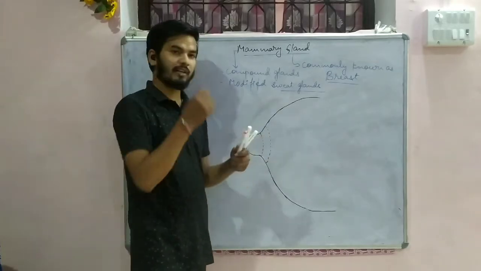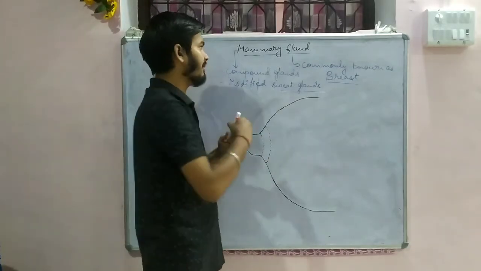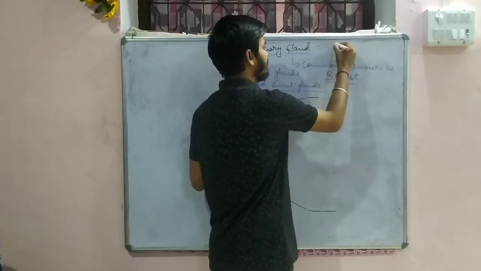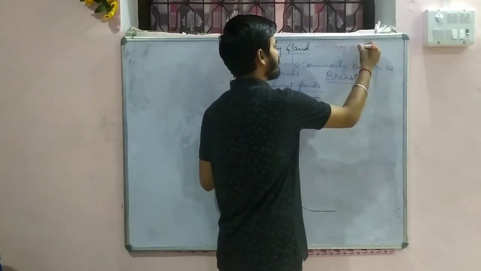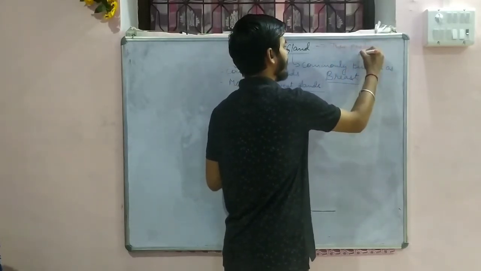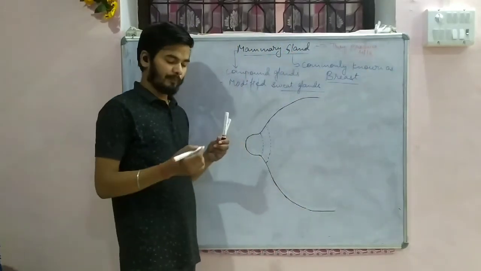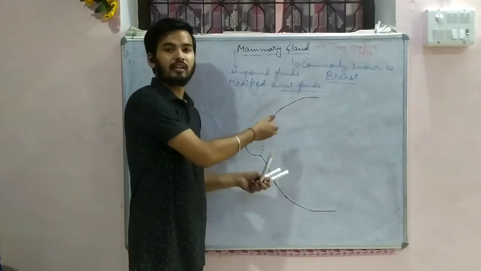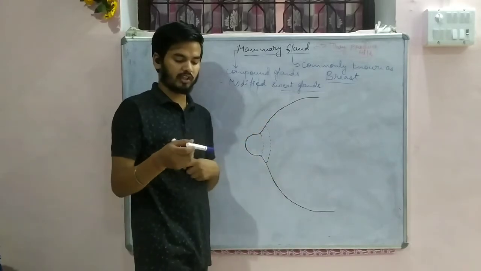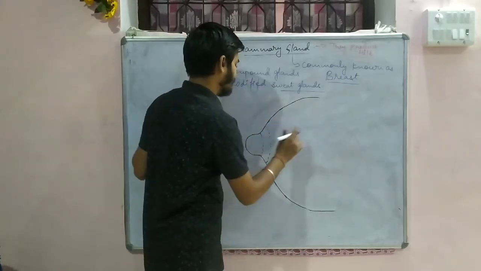So the function of these mammary glands is that they produce milk. Okay, the mammary glands produce milk. So there would be something in these mammary glands which would be producing milk. So it is like this.